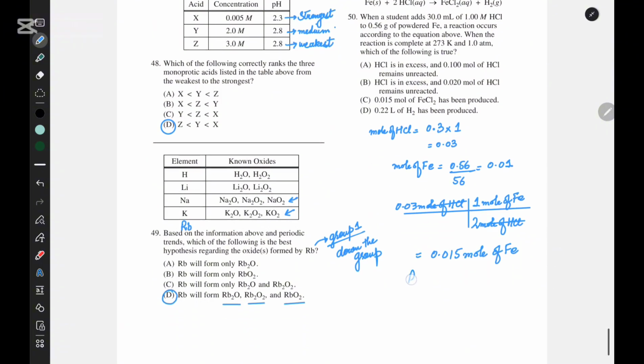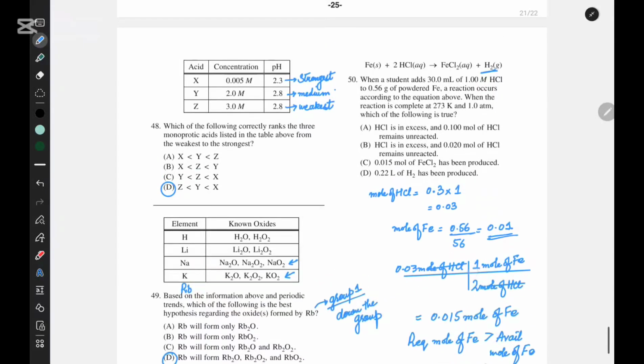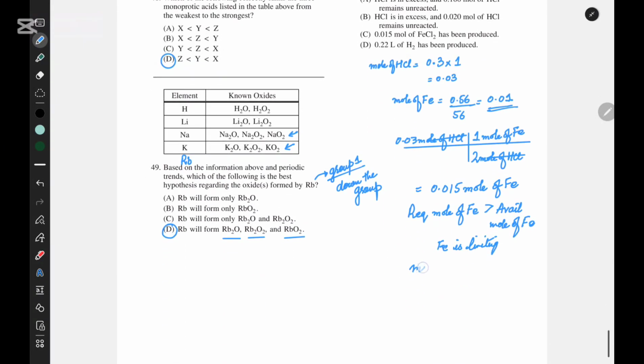So the required moles of Fe are greater than the available moles. Available moles of Fe are this one. Then what happened, guys? Fe is basically limiting, and that would control the amount of hydrogen which is formed. Fe and hydrogen are in a 1:1 ratio, so moles of H2 are going to be the same as Fe.